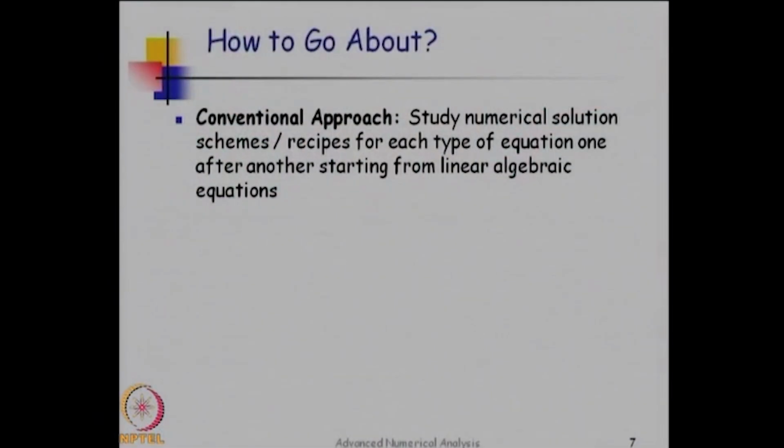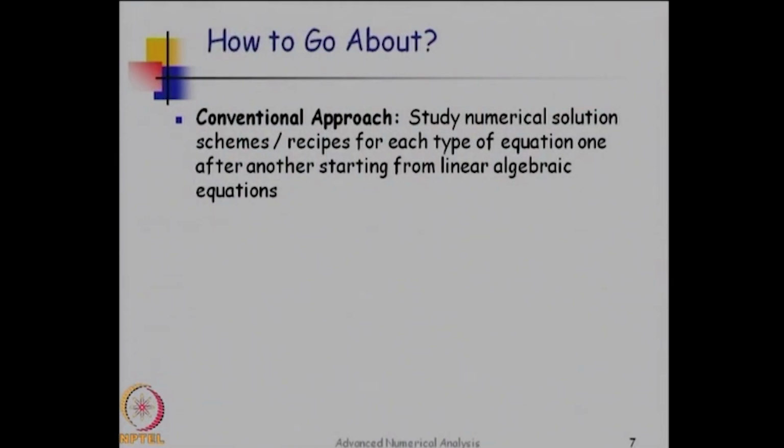Now how do you go about doing this? How do you go about studying these equation forms? Well, if you look at many of the approaches presented in textbooks written for engineers, a conventional approach is to study numerical recipes for each type of equation.